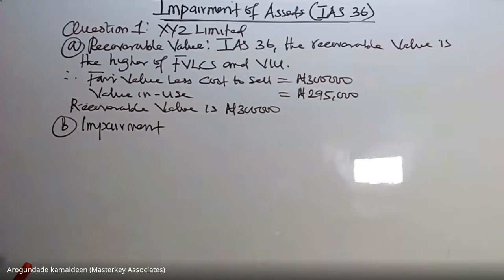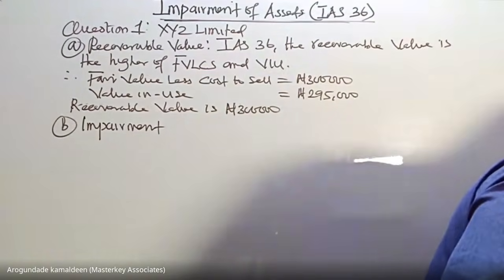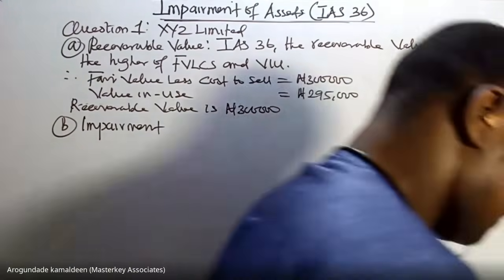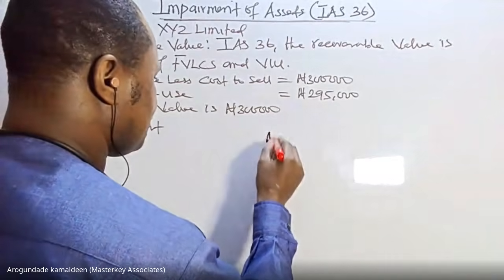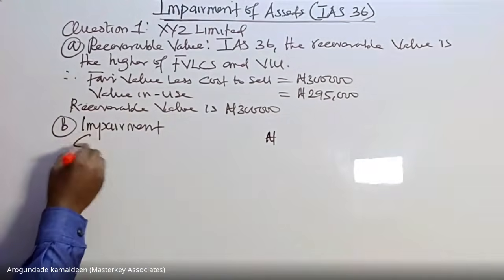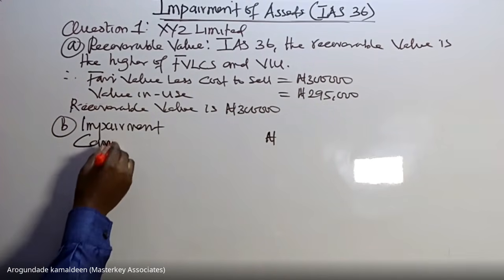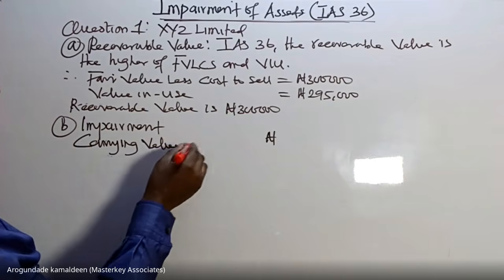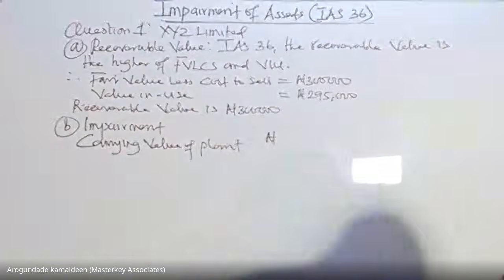Now, class, you will have impairment if the carrying value is more than the recoverable value. So let's see now. The carrying value of the plant is how much here?